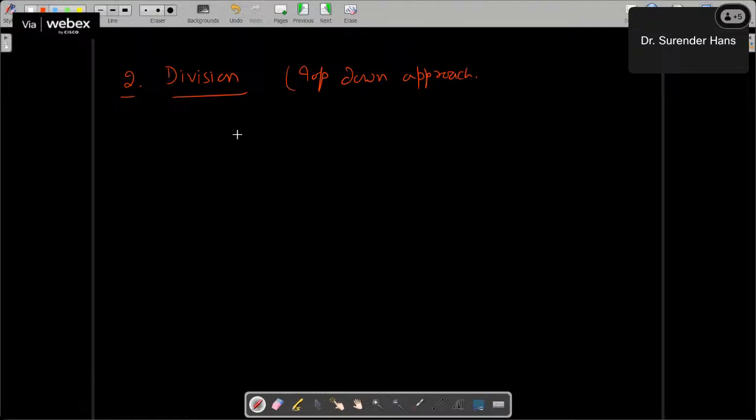So here the initial step is, let's say this one is my data points. See this: first, second, third, fourth, fifth and sixth. So begin with all the data points in a single cluster.